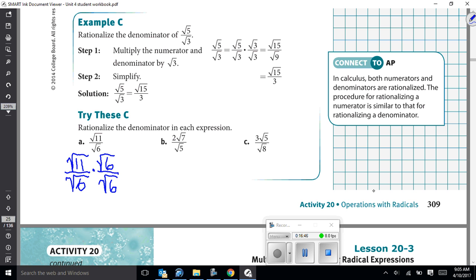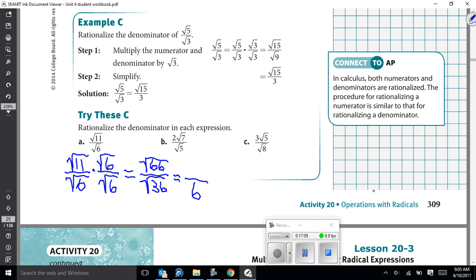Alright, so square root of 6 times square root of 6. They're both square roots, so they can move in together. So that's 36. 11 times 6 is 66. Square root of 36 is how much? 6.